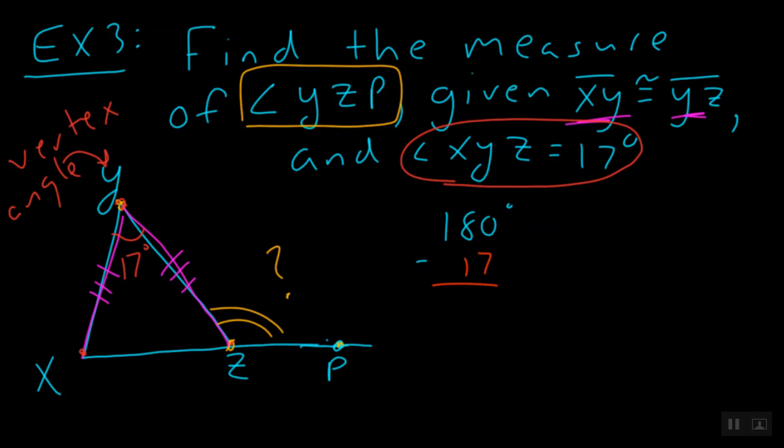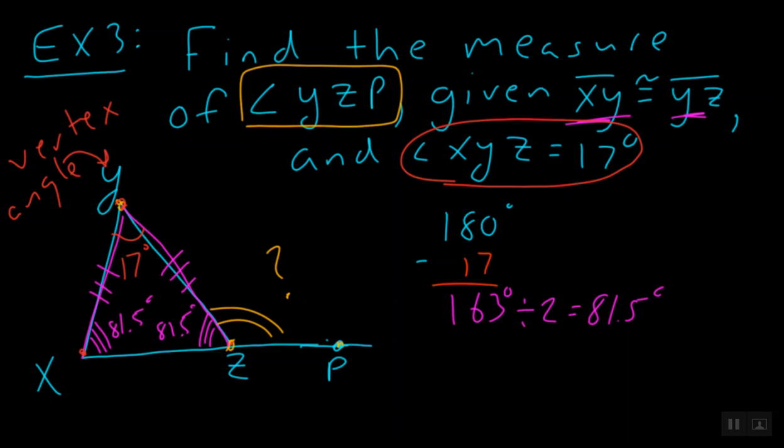And we are going to get, let me use this purple, we're going to get 163 degrees. So what is that telling us? That tells us that this angle right here and this angle right there, they are both going to have to add up to 163. Because they are congruent, we can simply divide this by 2, and this would equal 81.5 degrees. So I can write 81.5, I can write 81.5 degrees.